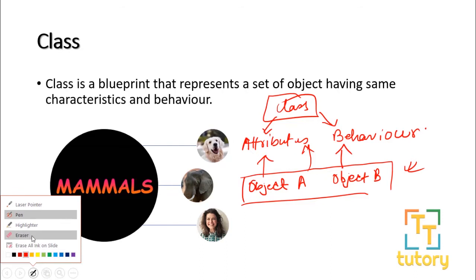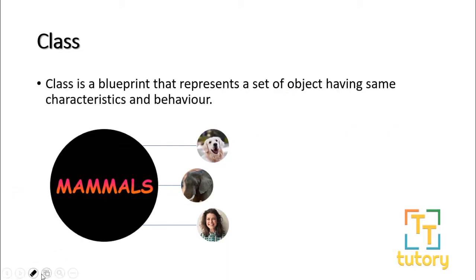Now as I have mentioned here in the example, we are considering a class mammal. So let me give some attributes and behavior to the mammal class. For a mammal, we can say characteristics or attributes like warm-blooded and has hairs.